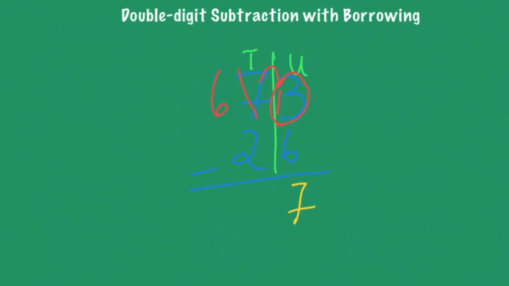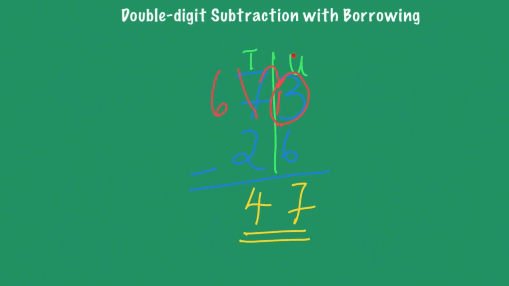And then over here in the tens section, I'm left with 6. 6 minus 2 gives me a 4. So my final answer here is 47.